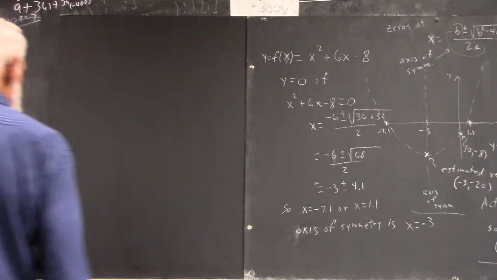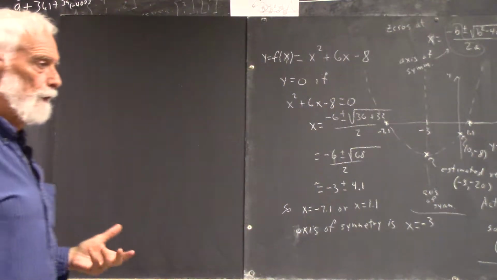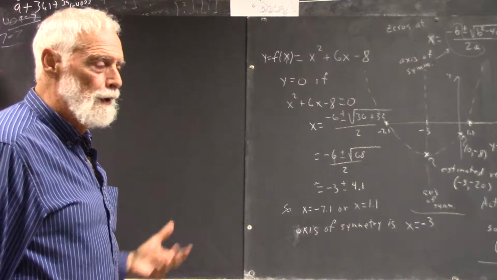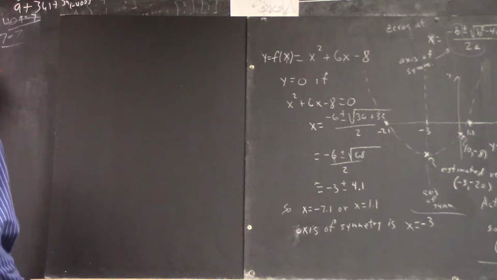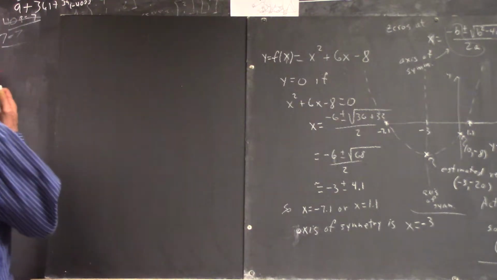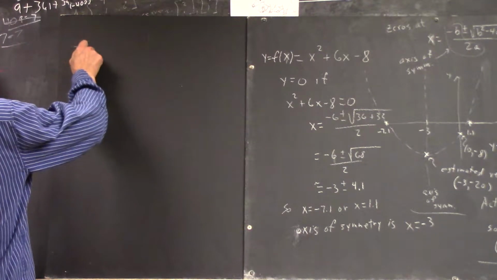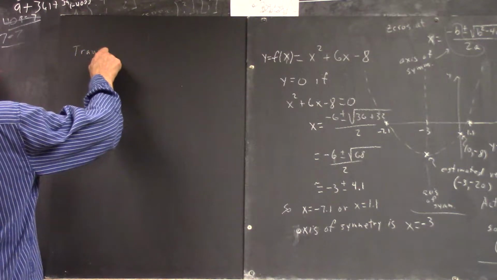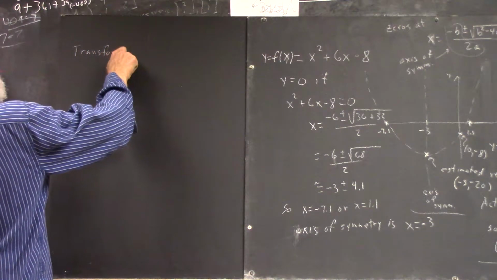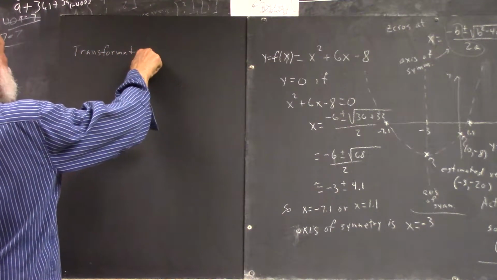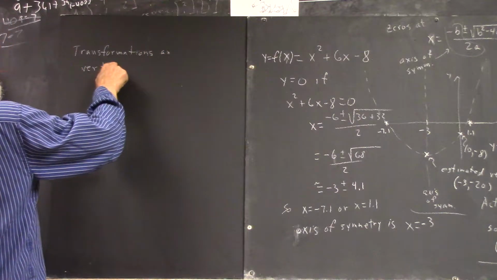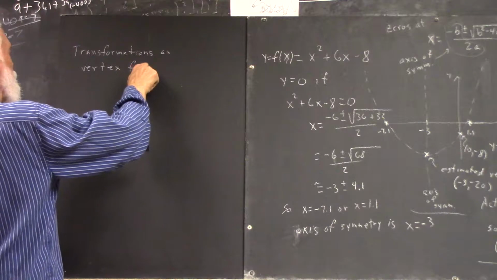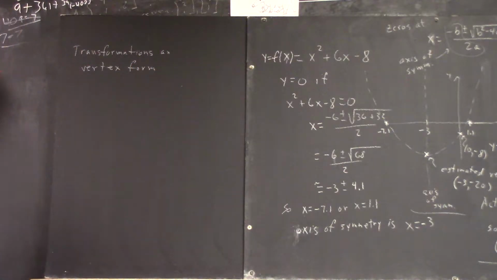And we want to see about the vertex form. Now, you can get the vertex form by memorizing a formula, but it doesn't help you understand transformations. So, transformations and vertex form, okay?